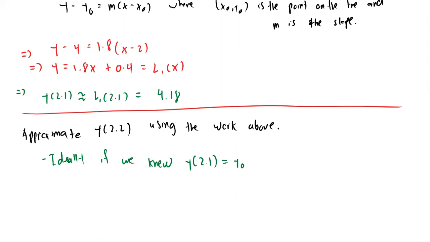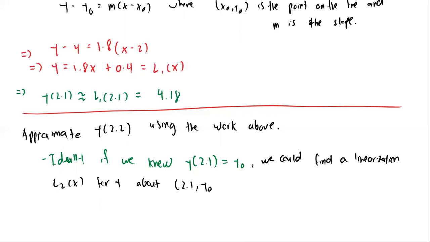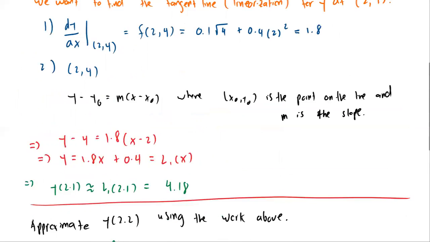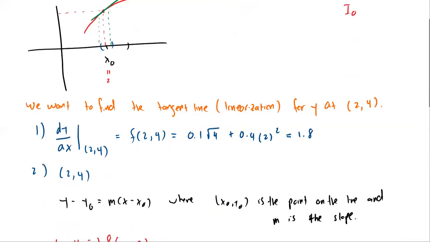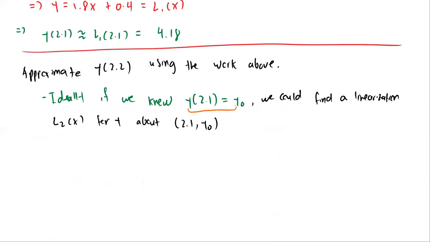We could find a linearization, let's call it L2, for y about the point (2.1, y naught). Why? Because we know that this point lies on the graph of y by assumption, and we also know the slope, because it's given to us by the differential equation. This is the ideal situation.